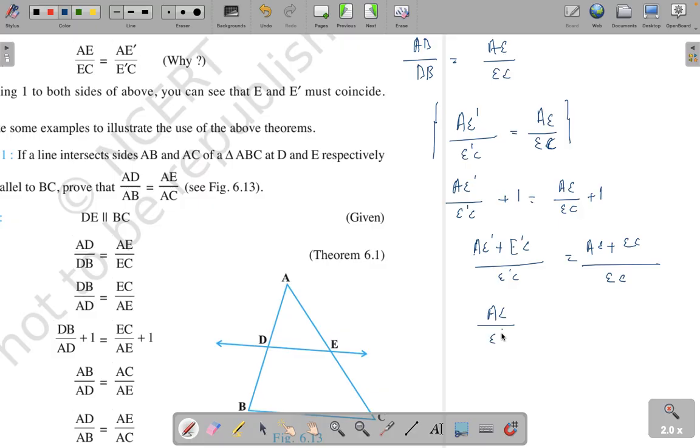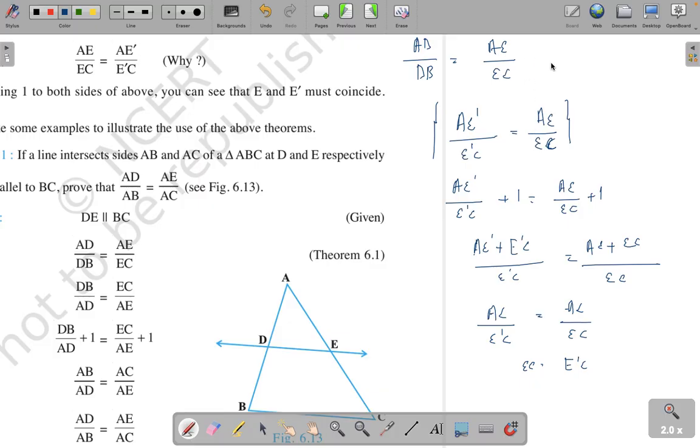So AC upon E dash C is equal to AC upon EC. Now you can cancel AC and AC. So you'll get EC is equal to E dash C. It means E and E dash are coinciding.